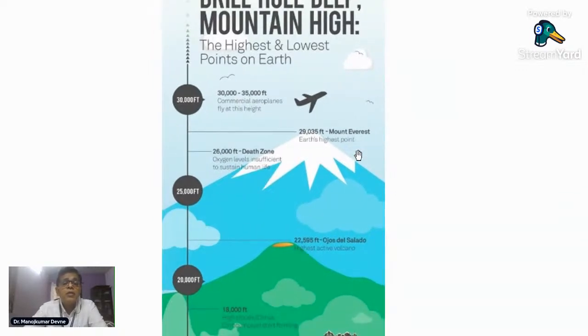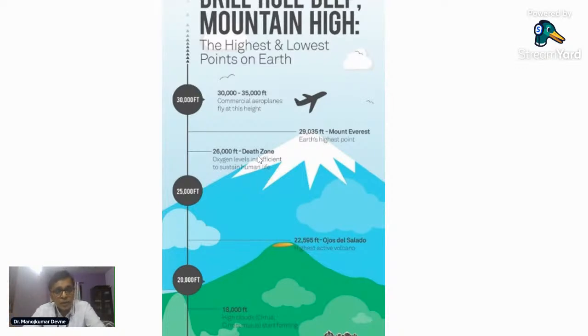Once again, Mount Everest, and this is something that is interesting and important. The death zone. Now death zone is basically the zone beyond which it becomes very difficult for human beings to breathe as far as open oxygen is concerned. And that is why most of the climbers to Mount Everest beyond this particular height will carry their oxygen cylinders with them.